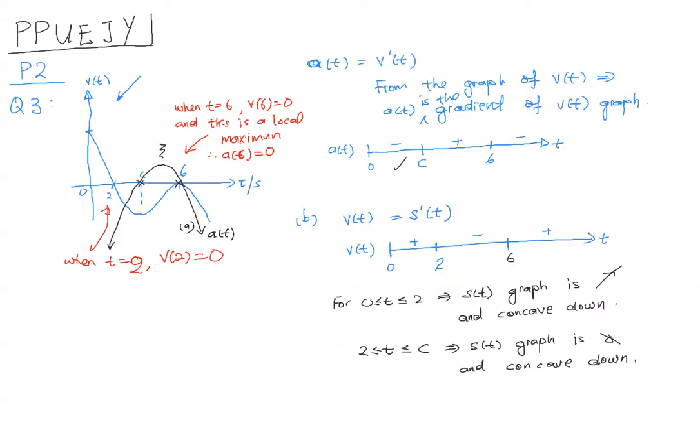For T from C to 6, the ST graph is going down and concave up.